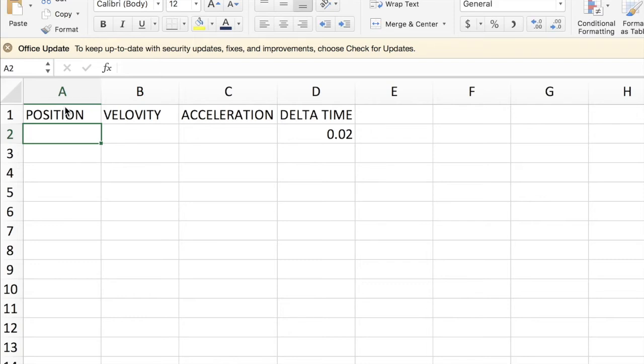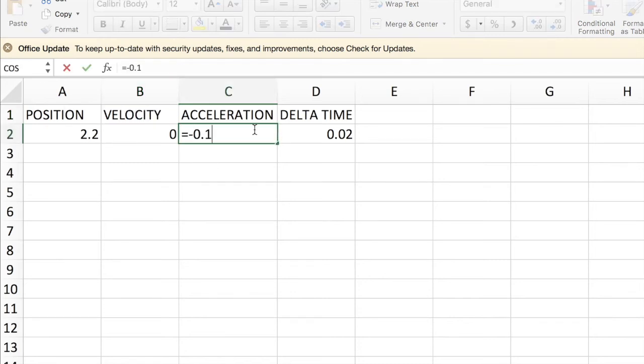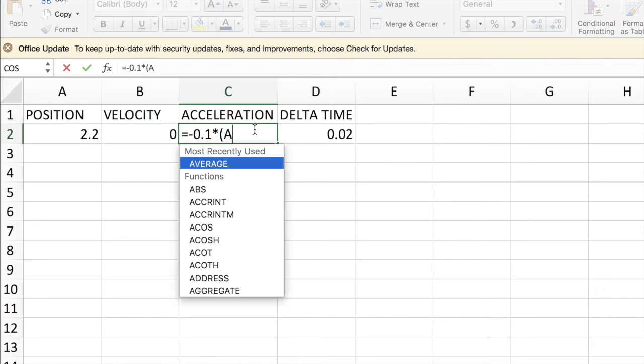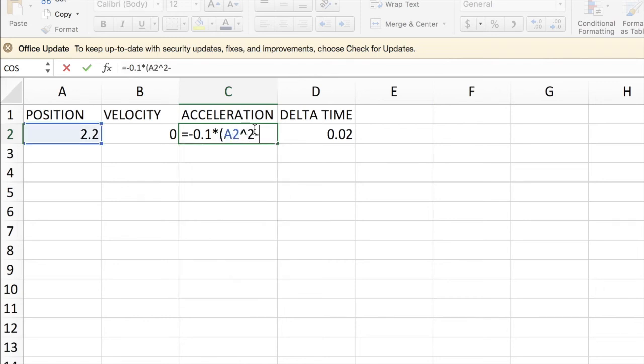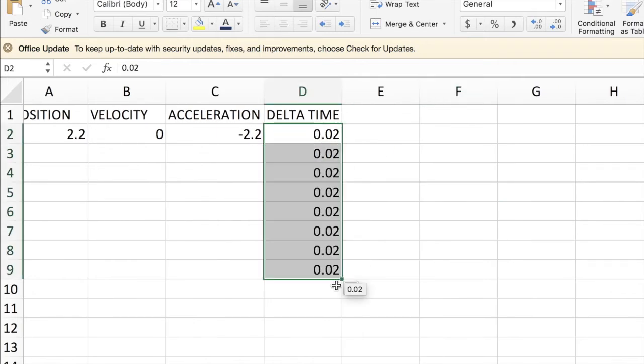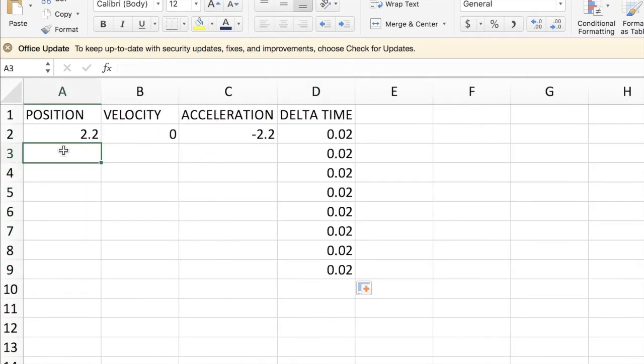So delta t, I will set that to 0.02, then the initial position, let's say it's 2.2, initial velocity is 0, and the acceleration, I will use that equation. Mu was 0.1, so it's going to be minus 0.1 times parentheses x squared minus 1, multiplied by the velocity, minus the position x.